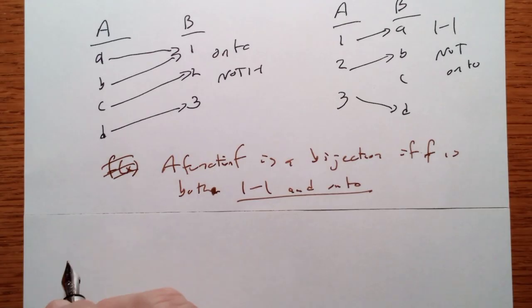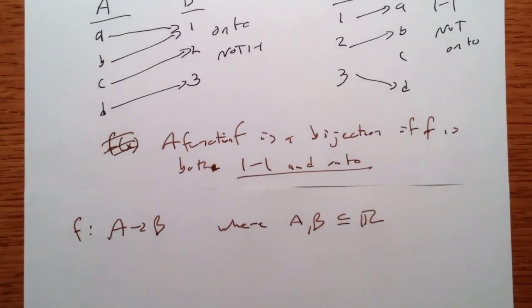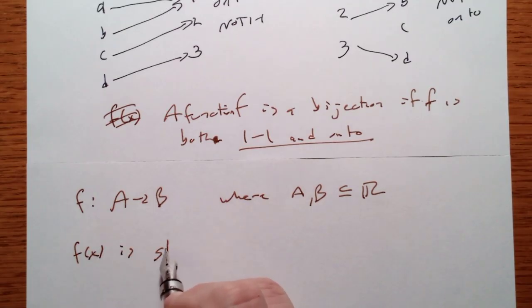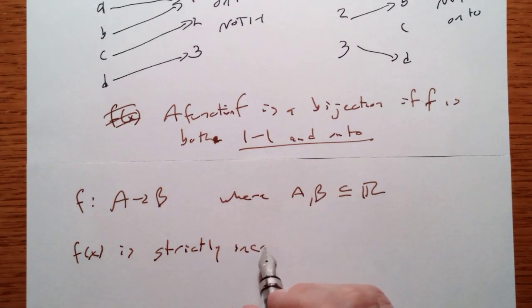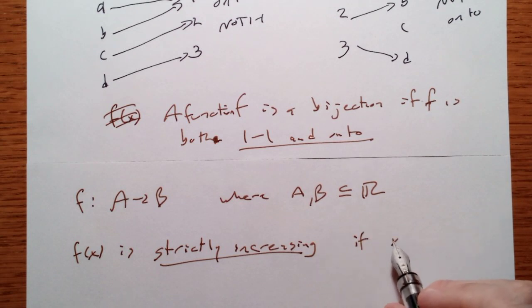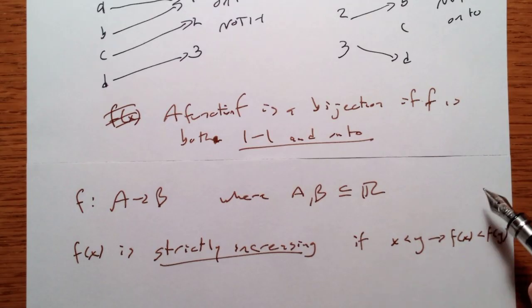So if I have a function that goes from A to B, where A and B are subsets of the real numbers, they might be the whole set of real numbers, but they're subsets of the real numbers at worst. f of x is strictly increasing if, when x is less than y, f of x is less than f of y. Graphically, this means the graph is going up when we go from left to right.